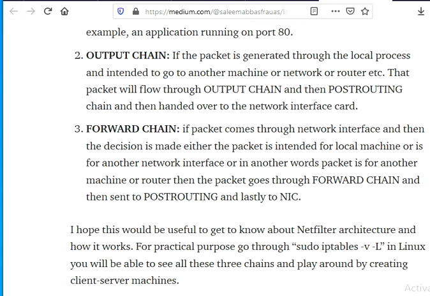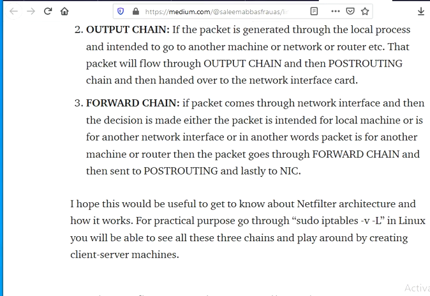What is the forward chain telling us? If a packet comes through the network interface and a decision is made that the packet is not intended for the local machine but for another machine or router, then the packet goes through the forward chain, then is sent to the post-routing, and lastly to the network interface.